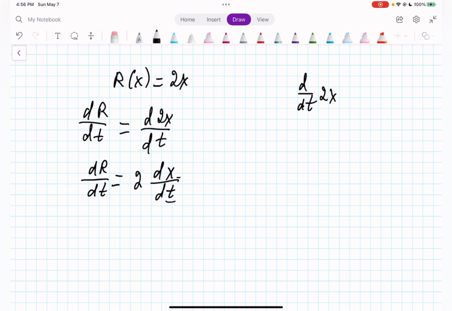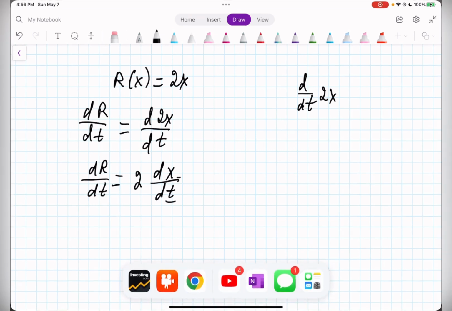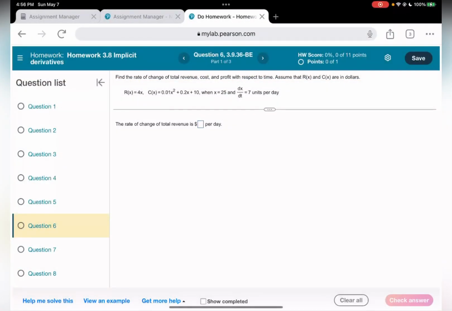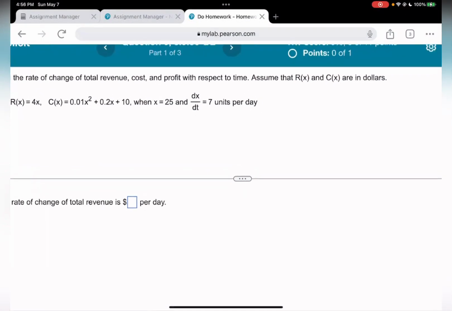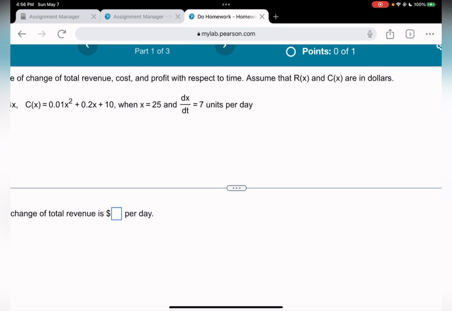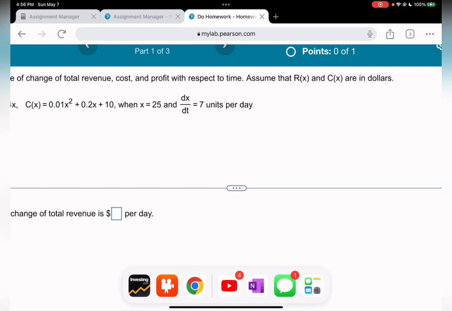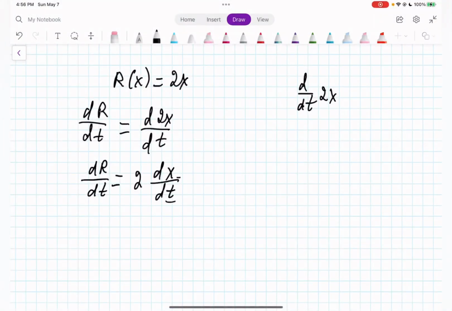But what do we know from here? The fact that dx by dt is 7 units per day.